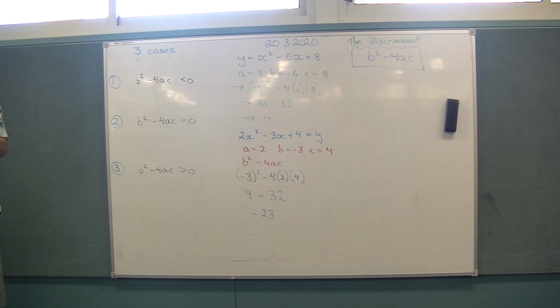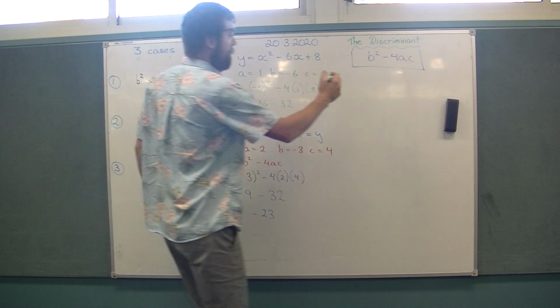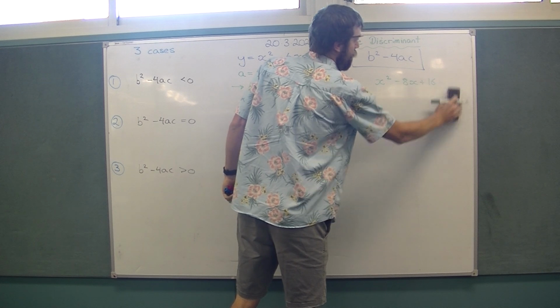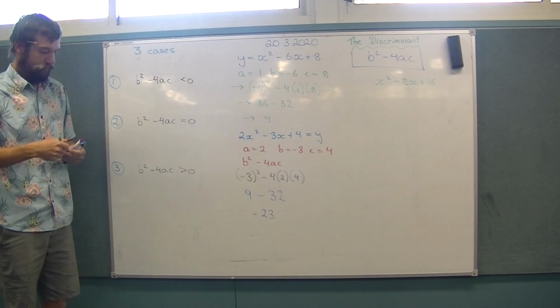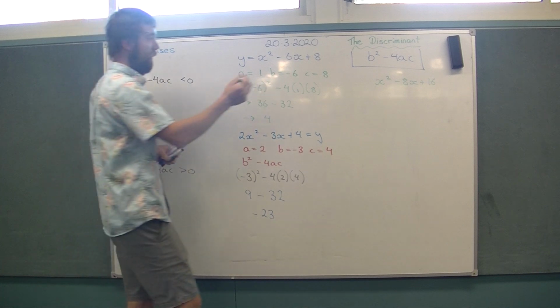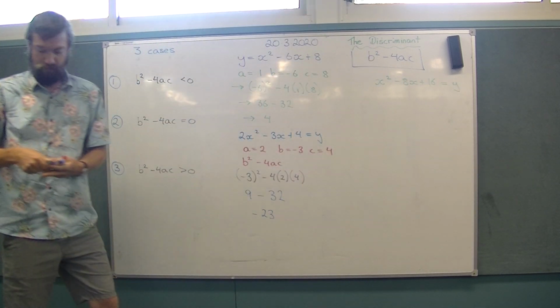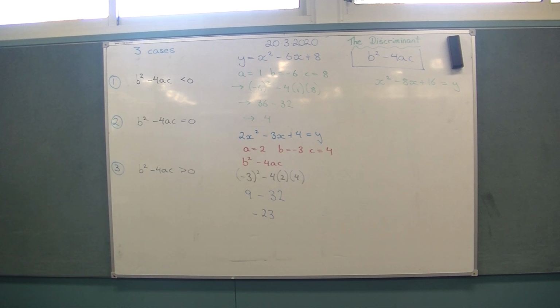Okay? Yeah? Alright, what about x squared minus 8x plus 16? A, B, C?